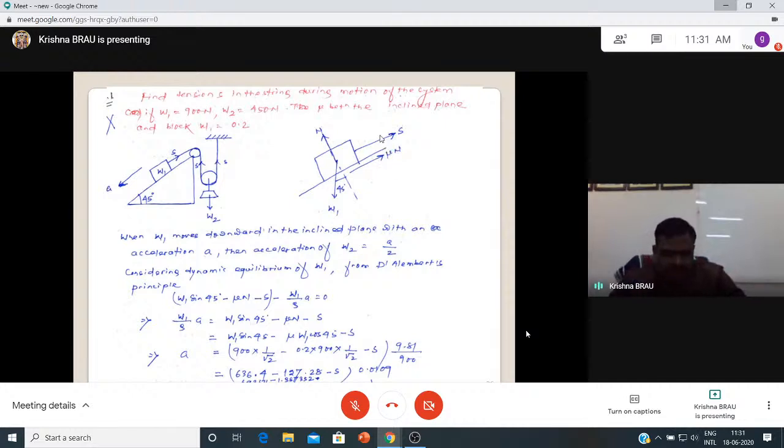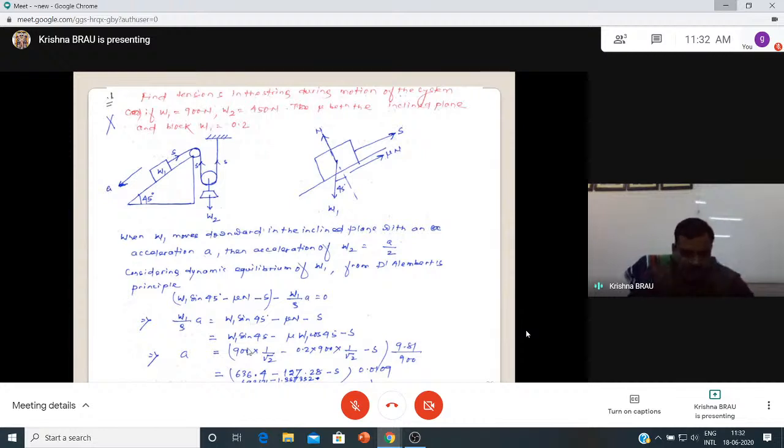See, these two are in the same direction, S and mu N. Frictional force is also acting in this direction. That's why mu times normal reaction and minus S both are negative. W1 sin 45 is in this direction, that's why it is positive, minus mass into acceleration, W1 by g into A, the inertia force. Inertia force, frictional force and tension in the string are acting in the same direction, W1 sin 45 acting in the opposite direction.